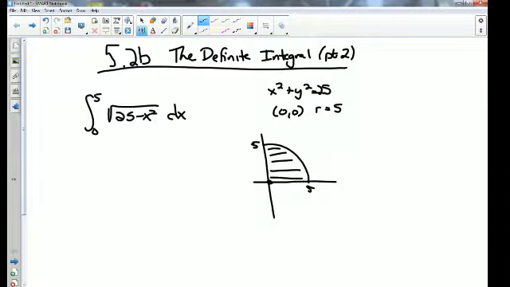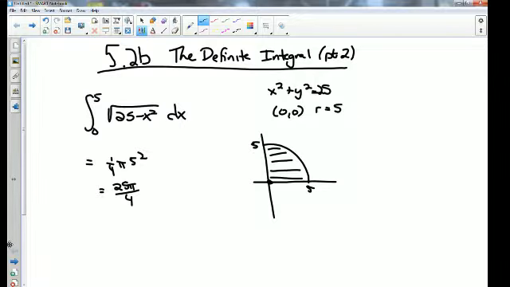So how would I calculate this value geometrically? Yeah, 1/4 pi times 5 squared, right? 25 pi over 4. Indeed. And you have your answer. I would leave it alone.